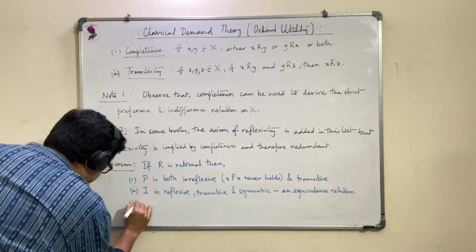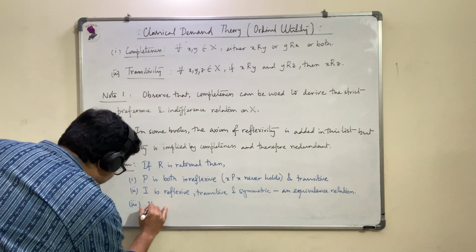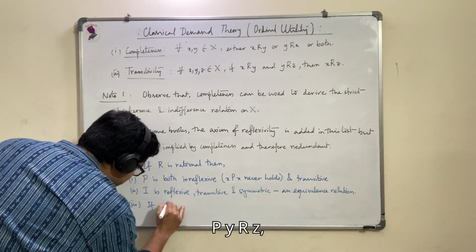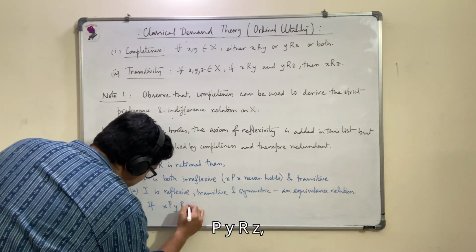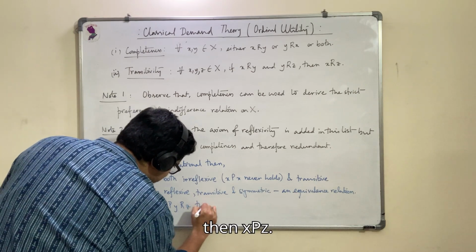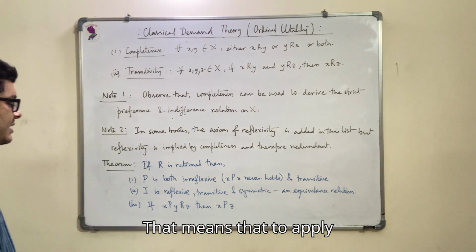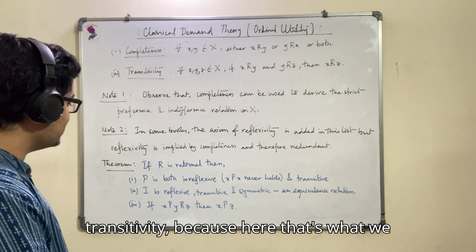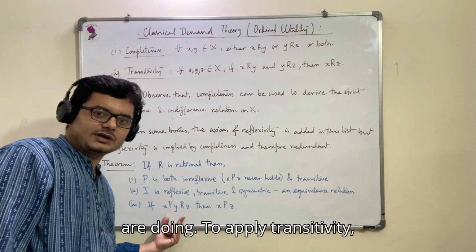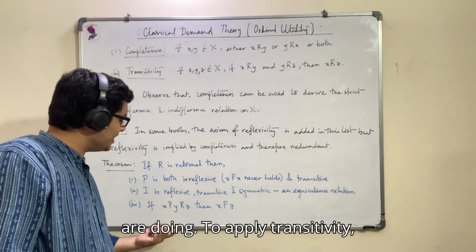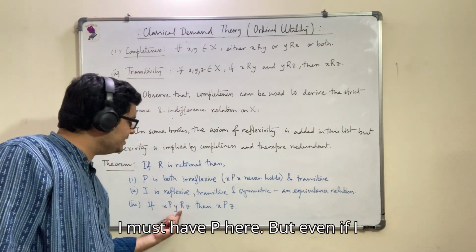And number 3, if x P y R z, then x P z. That means, to apply transitivity, I must have P here.